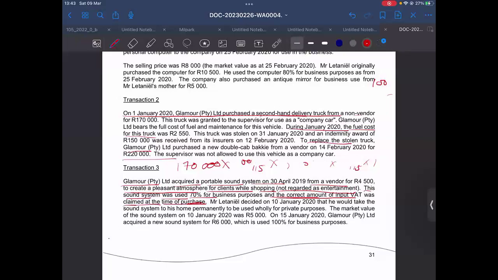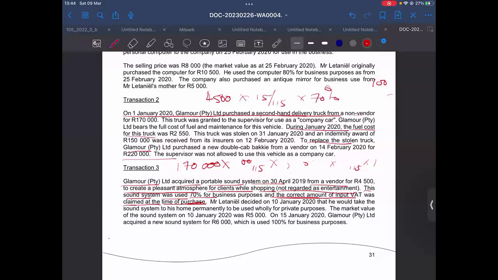Right, so now they are saying it's used 70% for business purposes, and the 30% is for non-business purposes. Input VAT, which was claimed, is how much? Is 4,500 times 15 over 115, then it times 70%.